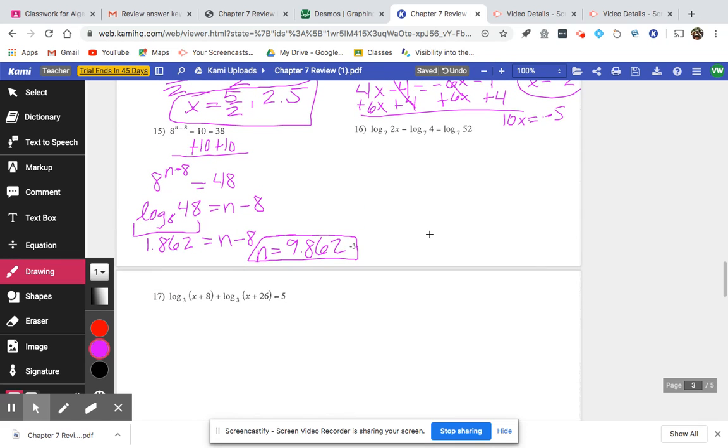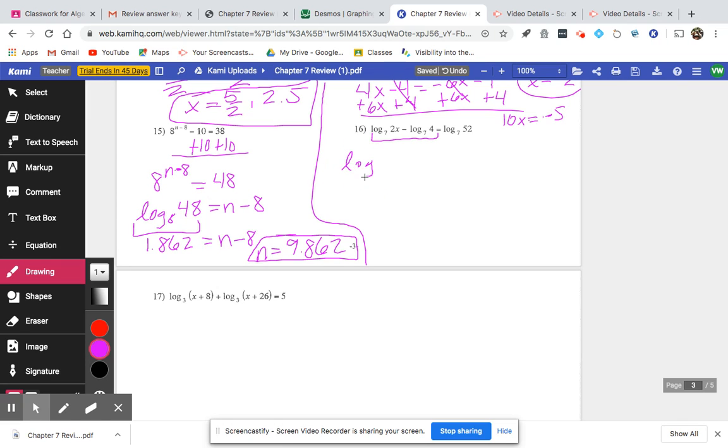That's number 15. Number 16, let me get a dividing line in there. I have log base 7 of 2x minus log base 7 of 4 equals log base 7 of 52. Now, I want to focus on this part right there. I see a subtraction. I'm going to rewrite this not as a product, but as a quotient.